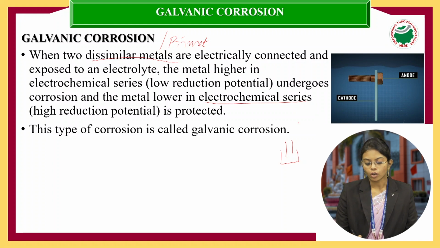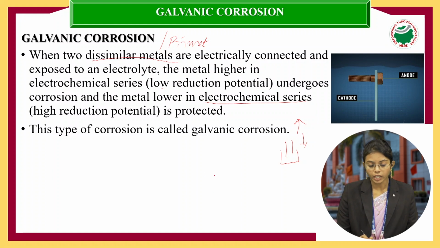At the top of the electrochemical series, we have low reduction potential metals. And at the bottom of the electrochemical series, we arrange the metals with high reduction potential.